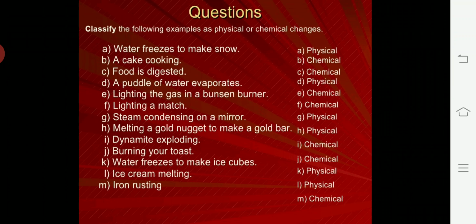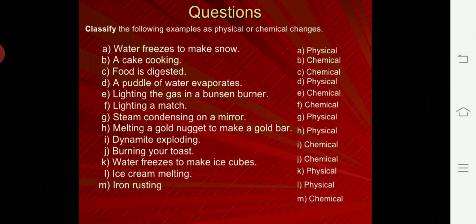So there are some questions for you. Water freezing to make snow: what kind of change? Obviously a physical change. A cake cooking is a chemical change. Food being digested means a new product is formed, and the waste leaves the body, so it's a chemical change.